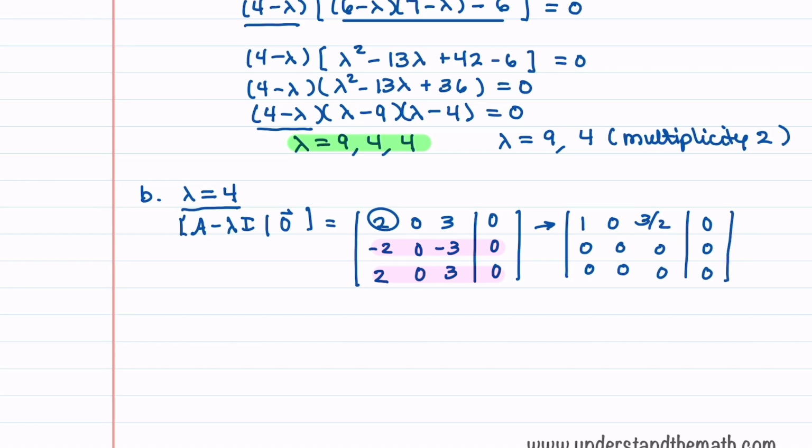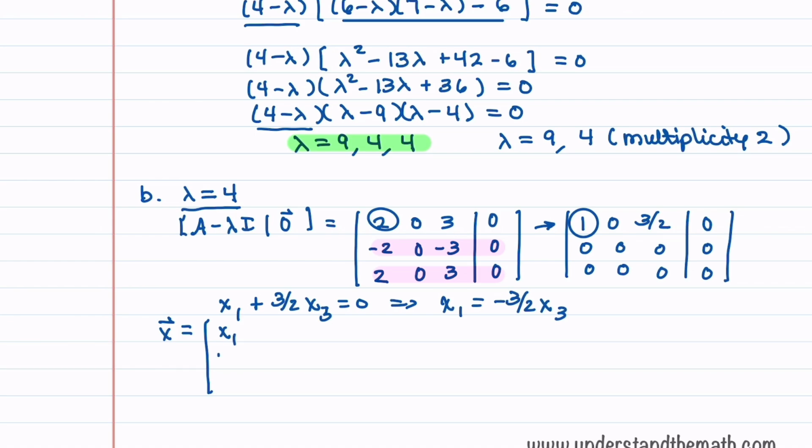Now, to find our eigenvector, we're going to circle our pivot, and we're going to solve for that pivot. So this is x1 plus 3 halves x3 is 0, which gives us that x1 is minus 3 halves times x3. Let's go ahead and form our vector x. There are 3 columns in A, so we have 3 entries in x.